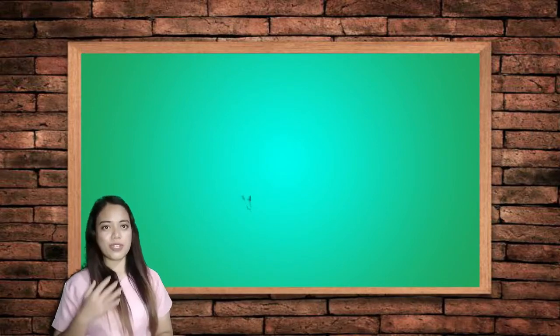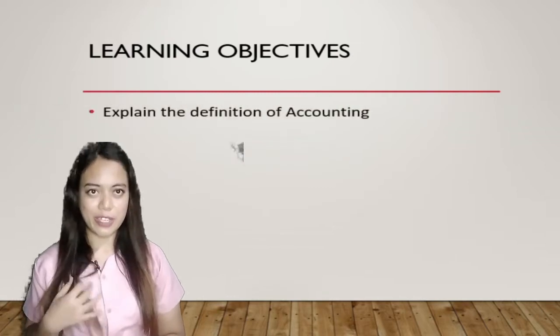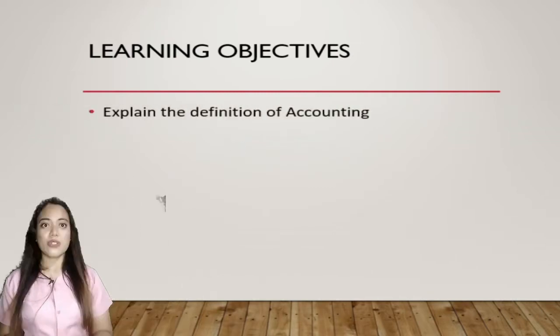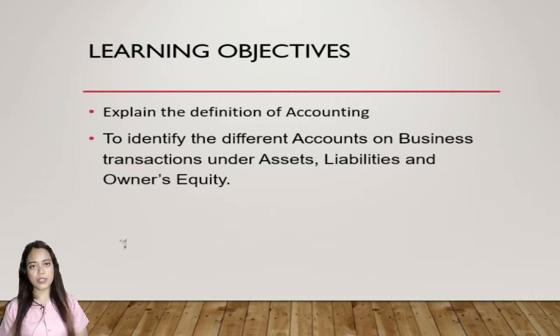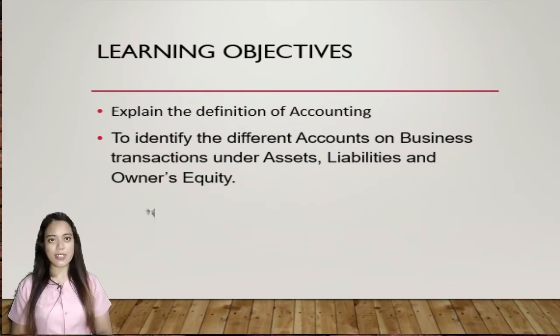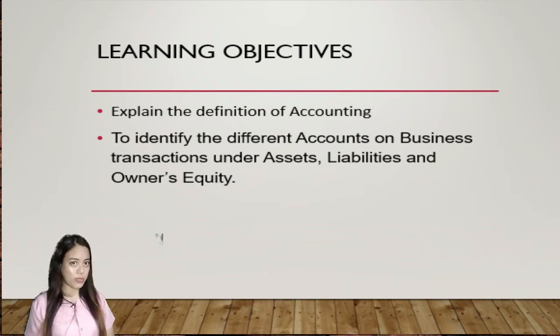Now that we are done with our introductory activity, I will show you our learning objectives for today. Our first learning objective is to define what is accounting. Second, to identify the different accounts on business transactions under assets, liabilities, and owner's equity.